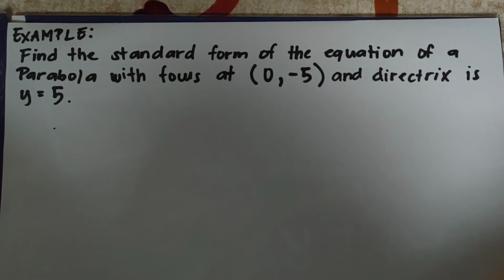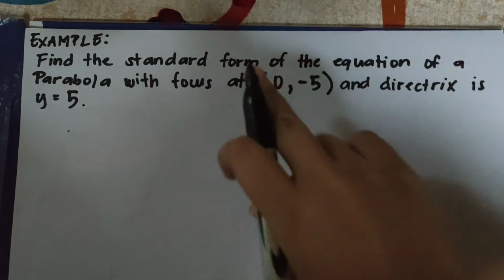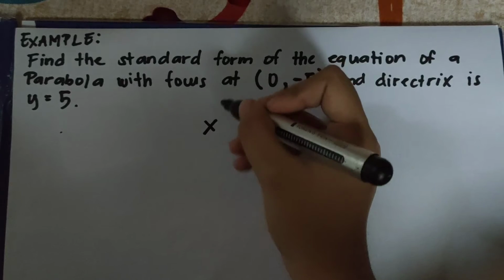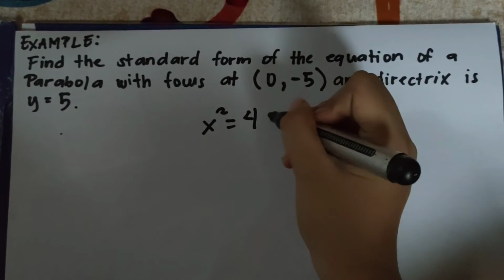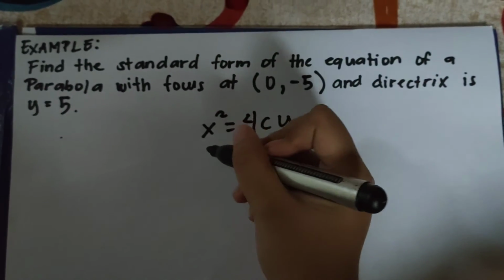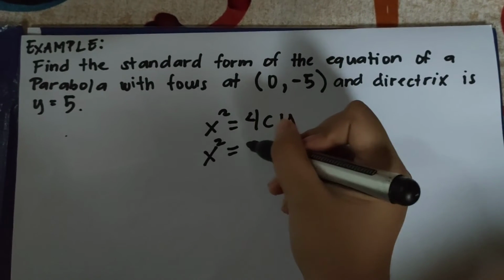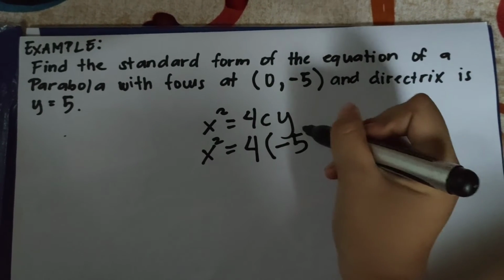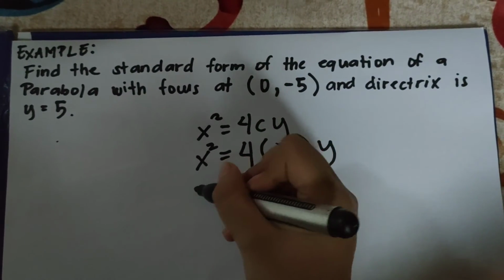To determine the standard form of the equation of a parabola, we substitute -5 for c in x squared equals 4cy. Then x squared equals 4 times -5 y, and then we multiply it.